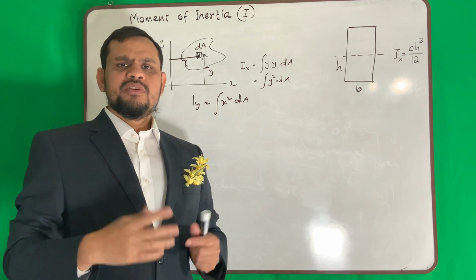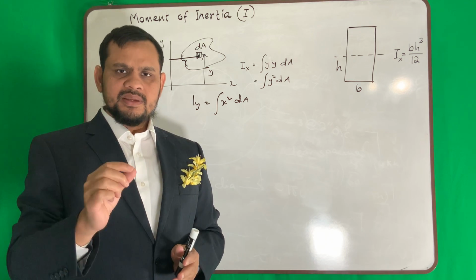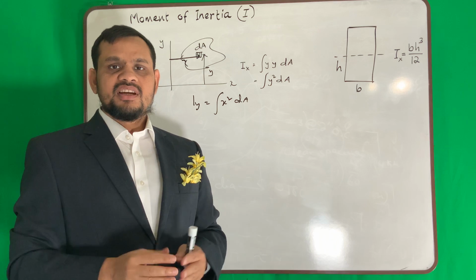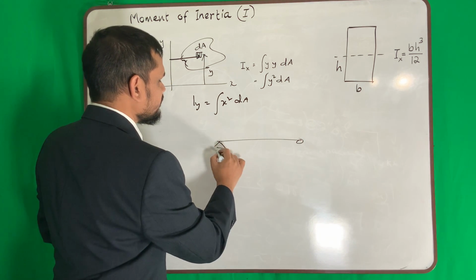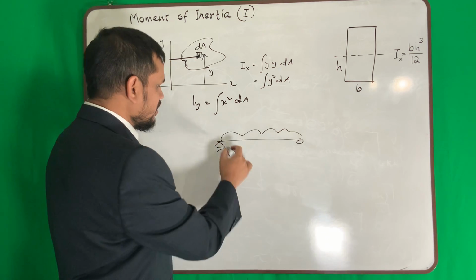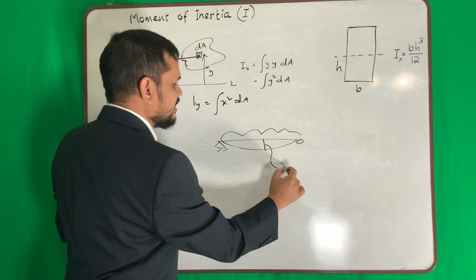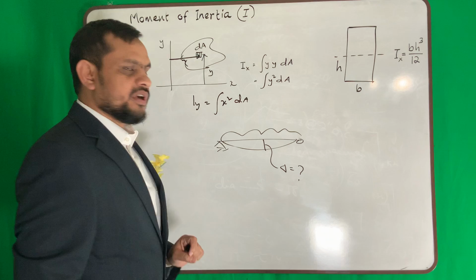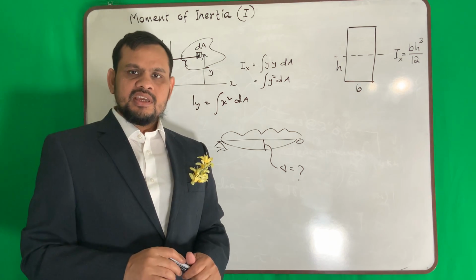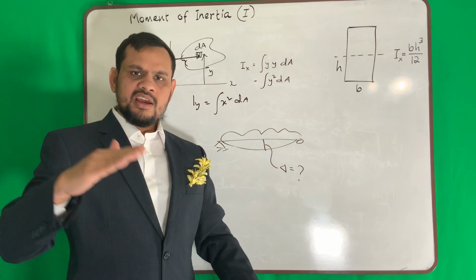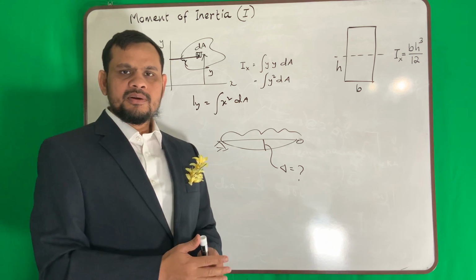Now, why do we need moment of inertia? Very simply, to calculate the deflection. Say I have a beam here, and I apply some load here, what will be the maximum deflection? To calculate the deflection, we need the moment of inertia. If the moment of inertia is higher, deflection will be lower.